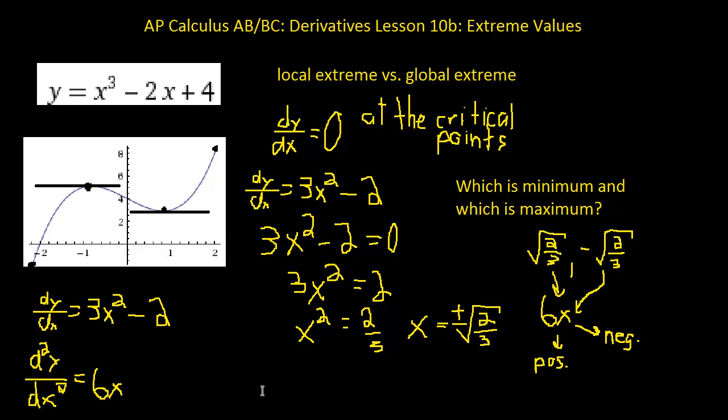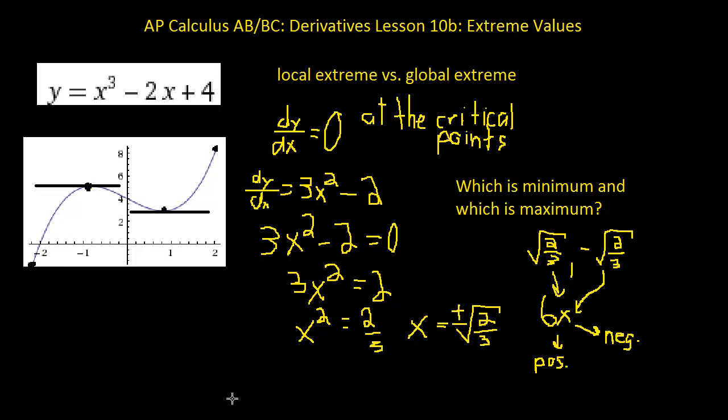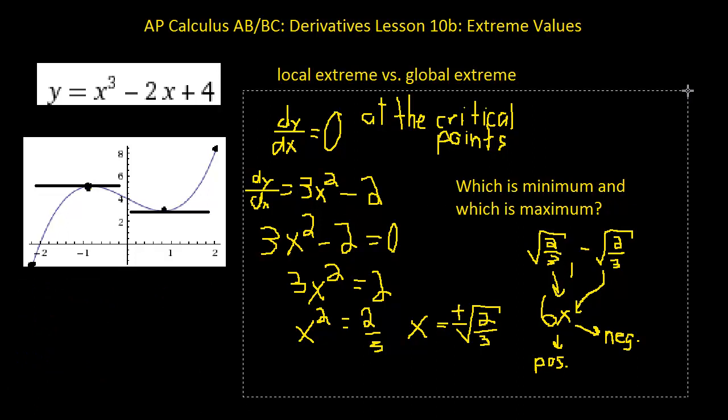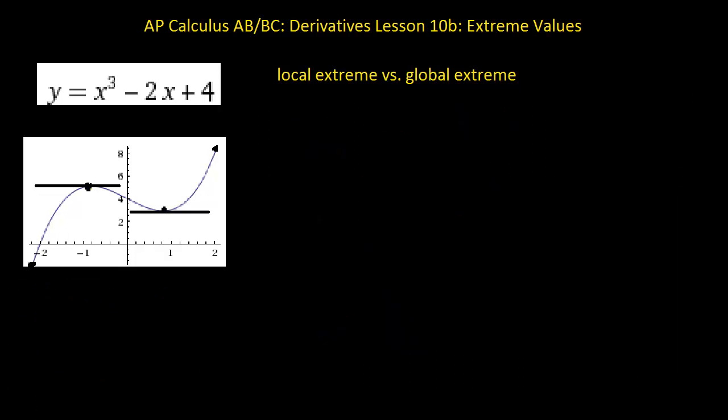if this doesn't make sense, just remember, I'll make a little list here, how you do these extreme value questions. So I'll clean up here, and we'll just go over. How do you find local extremes?